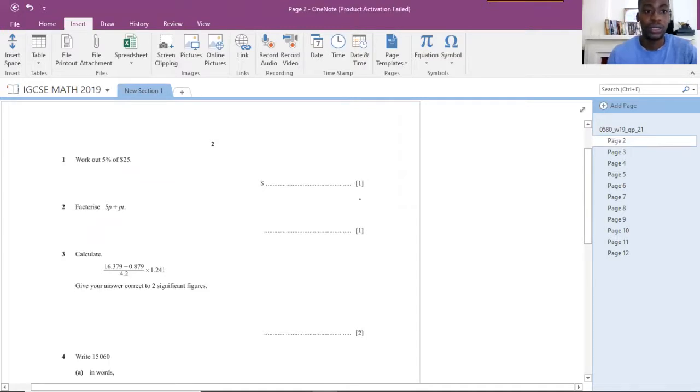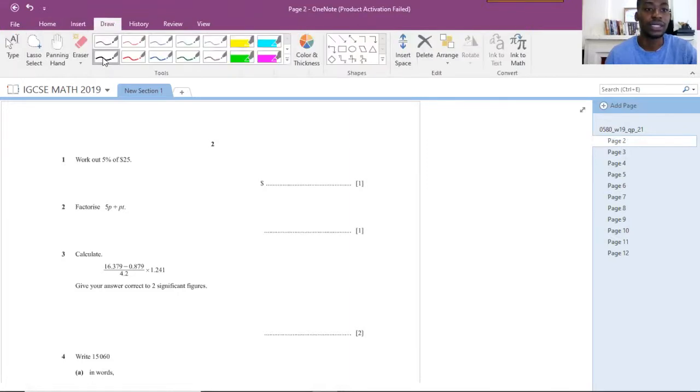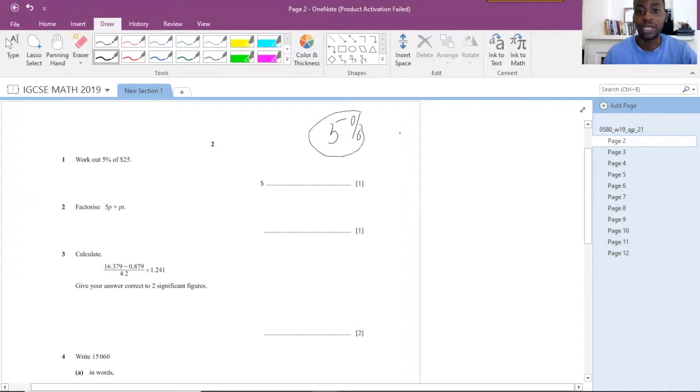All right, so question 1 is telling us to work out 5% of $25. Every time a question says a percentage, by definition it is any number over 100. So this 5% would actually be 5 over 100.